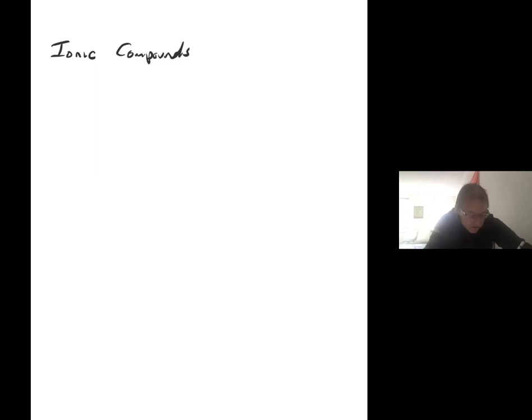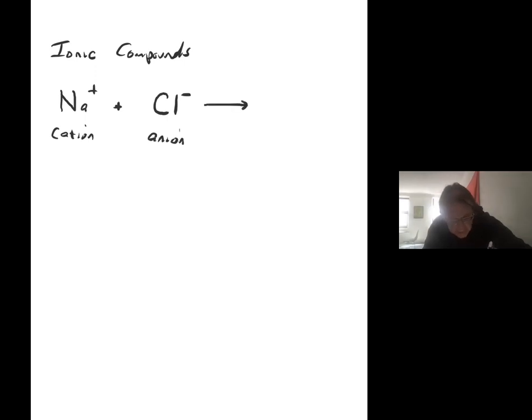Because if you take a positive ion, a cation, and you combine it with an anion, they will combine to form an ionic compound.